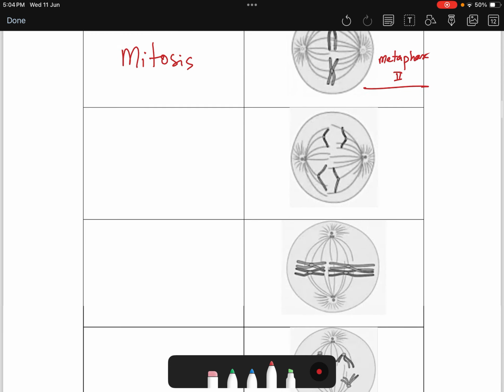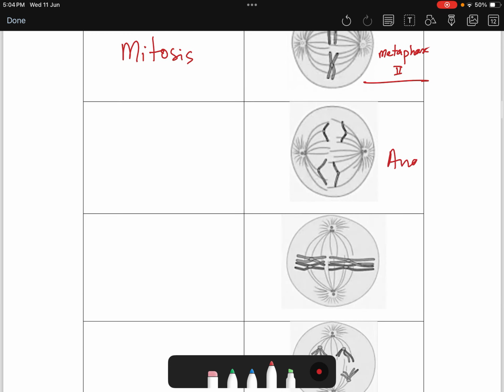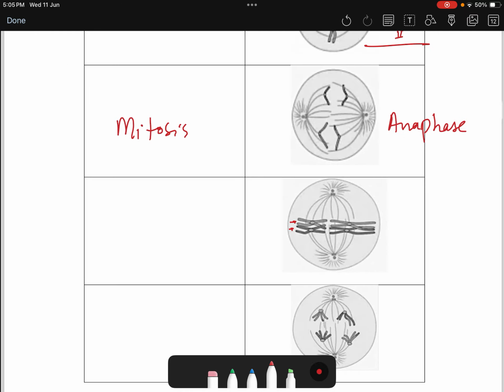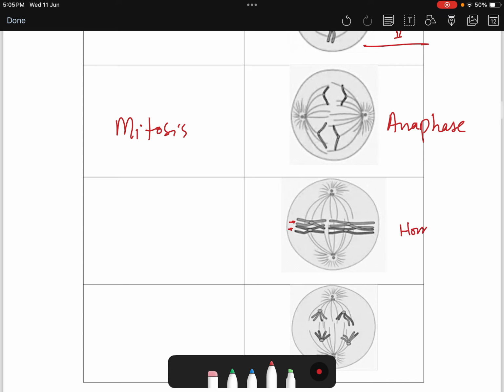Here you see sister chromatids move to opposite poles, so this is anaphase, and anaphase 2 is only anaphase, so this is again mitosis. Now here you see that the homologous chromosomes line up in the center. So you see here homologous chromosomes are lining up in the center.